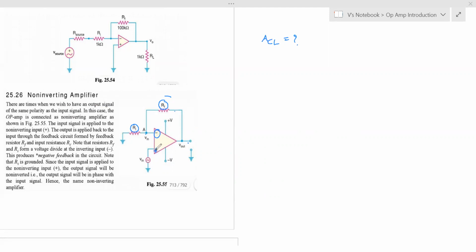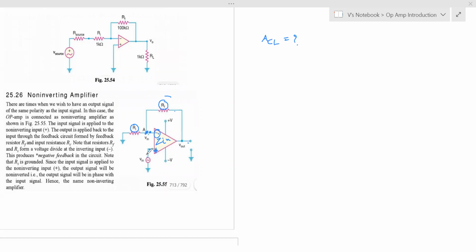But last time we have seen the virtual ground concept. So the potential at these two terminals, inverting and non-inverting, is the same, right? By virtual ground, because of high input impedance. Zin is very high here. So virtually no current flows between these two terminals. So both these terminals are at common potential, the same potential. So whatever potential is at the non-inverting terminal, we get the same potential at the inverting terminal, right?